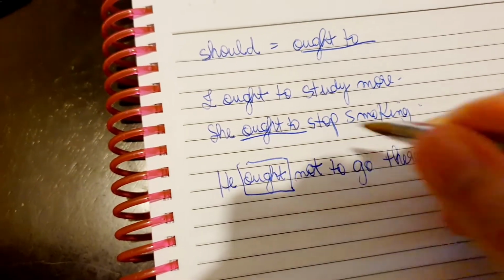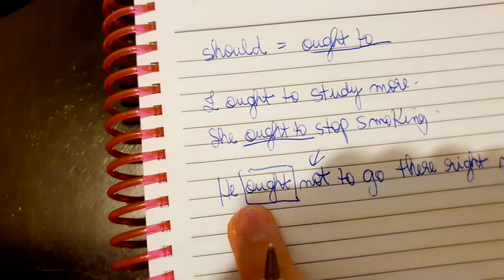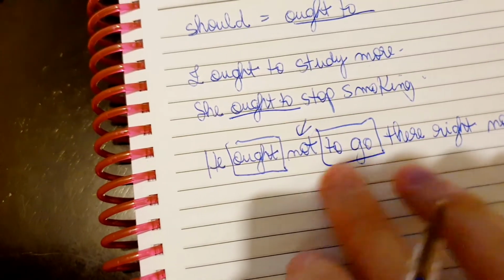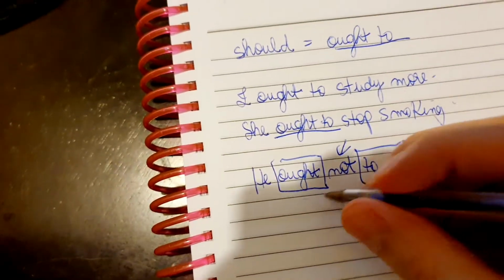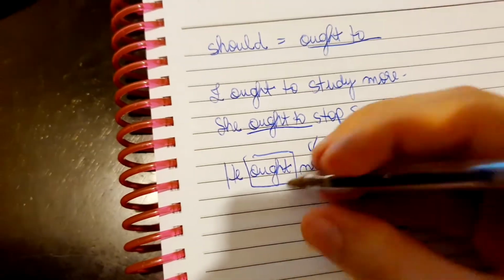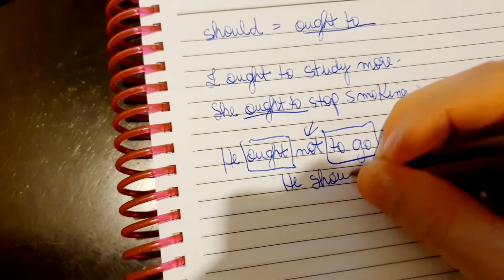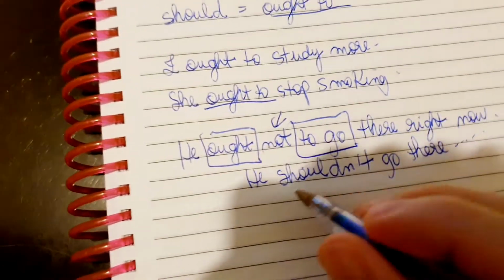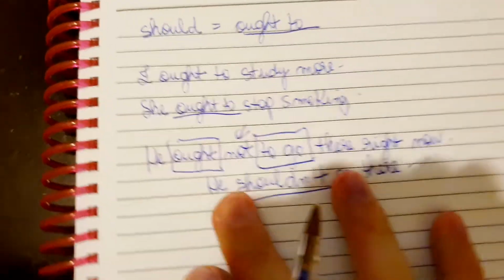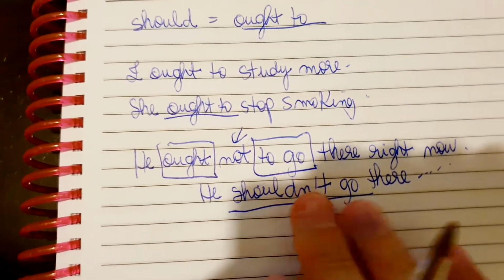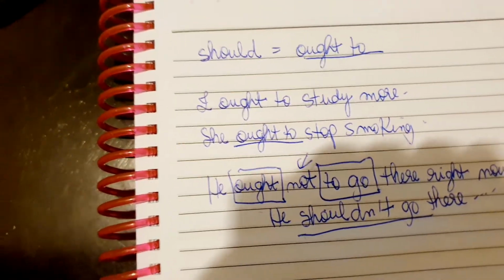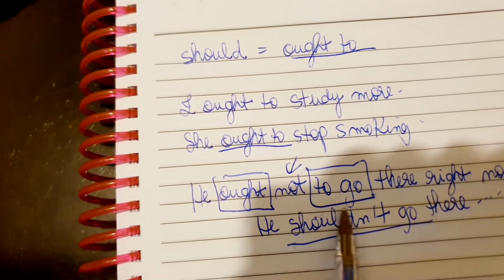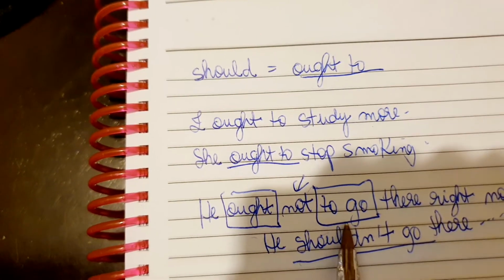You use ought, put the not just after, ought not to go, and then the verb in the infinitive form. If I use should here, it would be he shouldn't go there right now. So shouldn't go there. It's very straightforward. You use the verb should, not, and go. But here, the structure is a little different, so you have to pay attention, right?